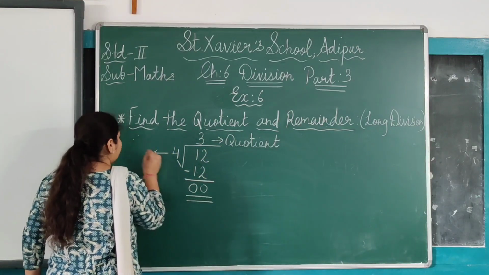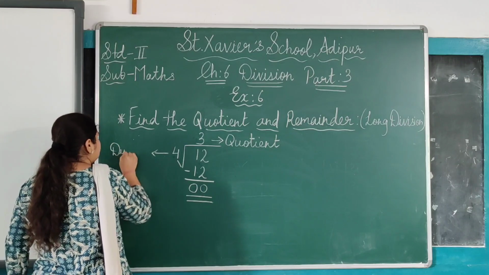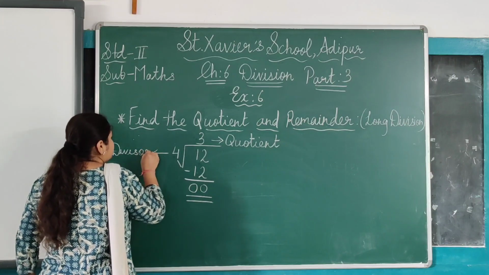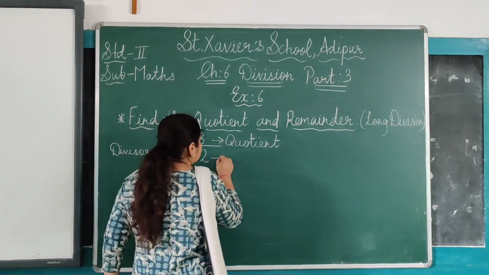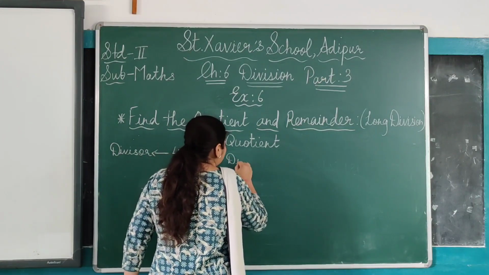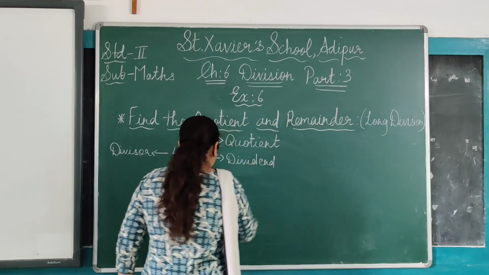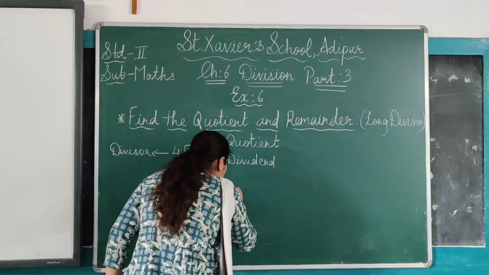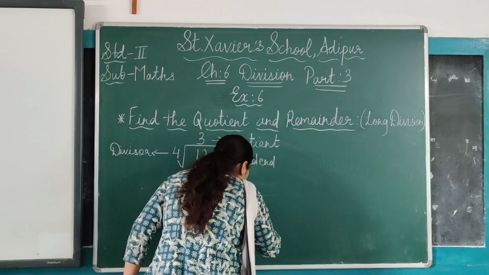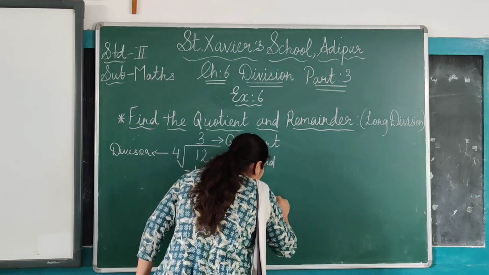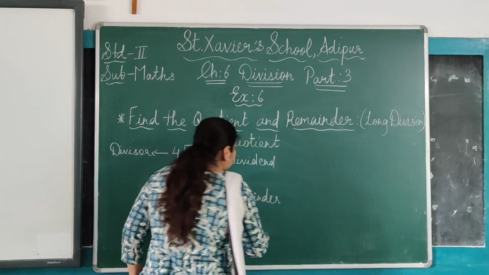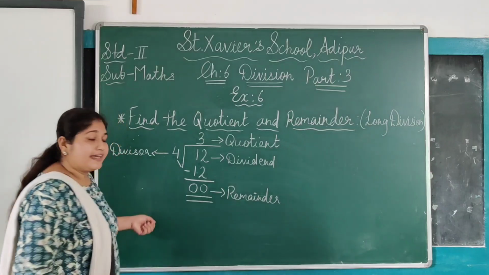This is the divisor, है ना? Then this is the dividend, and this 0 is the remainder. Right? So like this way, students, we have done the exercise.